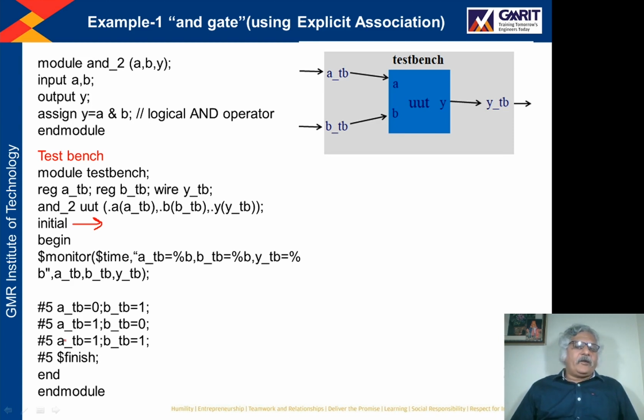Procedural statements are of two types: you can start with an always block, or with an initial block. And if you are using the initial block, then whatever statements are written inside it will execute only once.